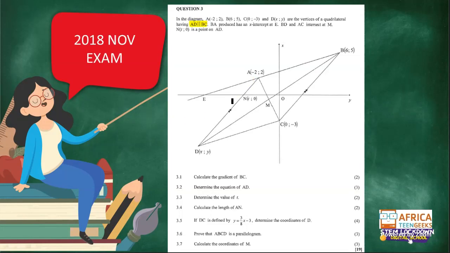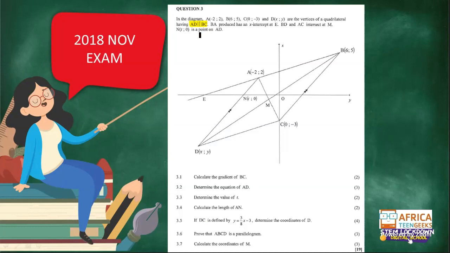So AD is parallel to BC. So they are already hinting an answer. So we have our diagram. It's also good to know how to plot your points. So you have AD, which is parallel to BC.